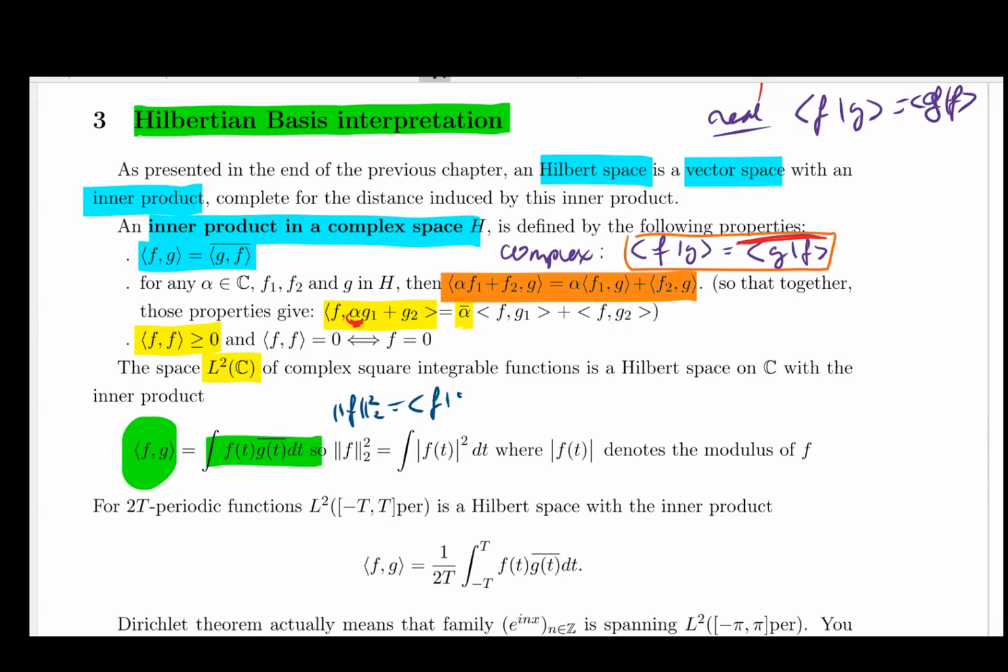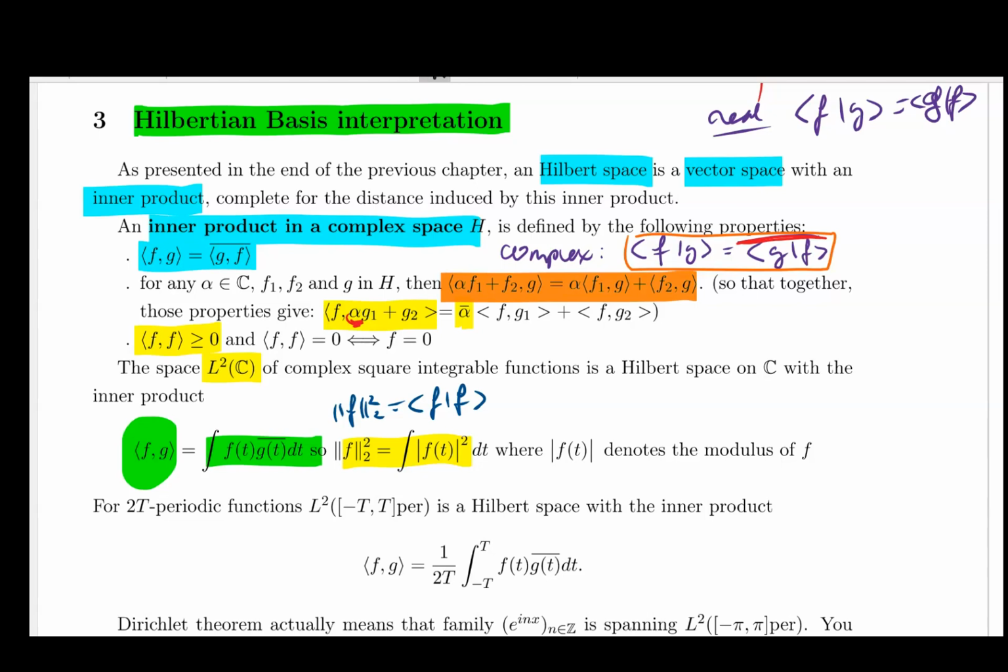It should be given by the inner product of f with itself, and you want it to be equal to some real value. And so you're going to have this definition. What this definition gives you is that this is just the modulus of f.